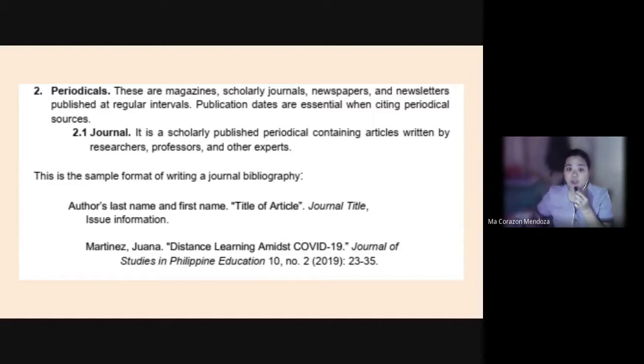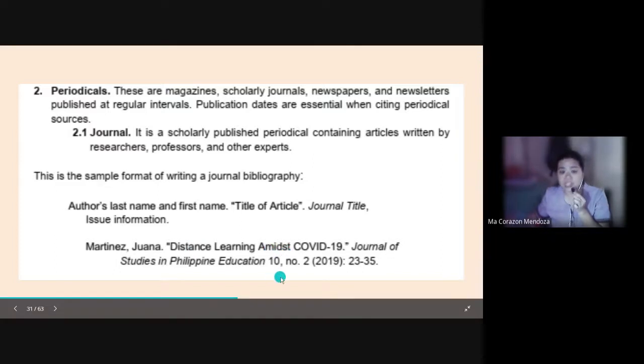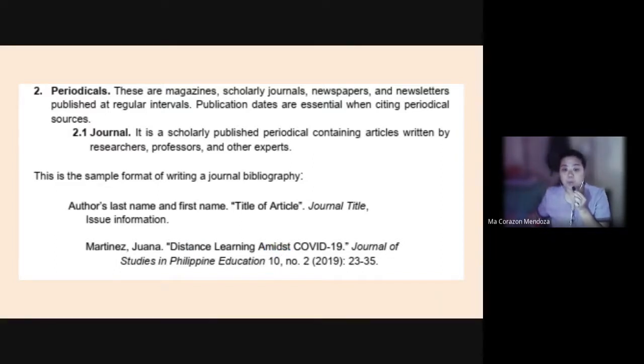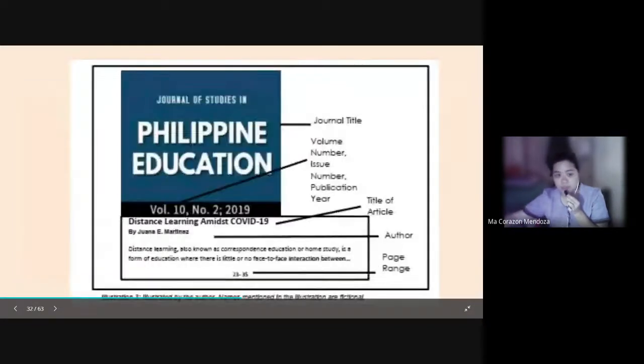The title of the article is Distance Learning Amidst COVID-19, period, inside the quotations. Journal of Studies in Philippine Education is the title of the journal. Now, the number 10 here is the volume number. Okay, you'll find that here.